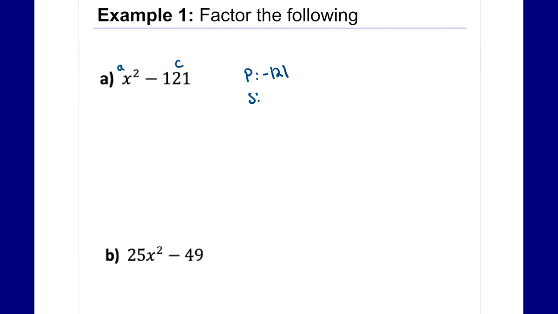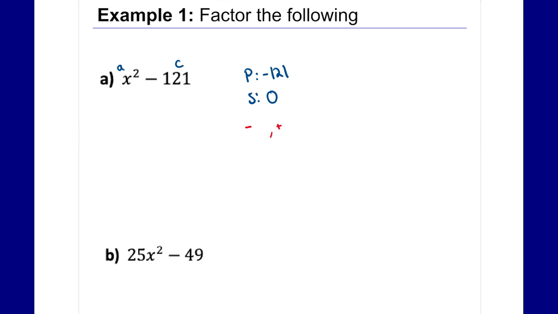So our b value, the only number that we could add or subtract that we don't see, would be 0. So we're looking for two numbers that multiply to negative 121 and add to 0. In this case, because they have to multiply to a negative number and add to 0, one should be negative and one should be positive. And in order to get them to cancel each other out and become 0, they have to be the same value.